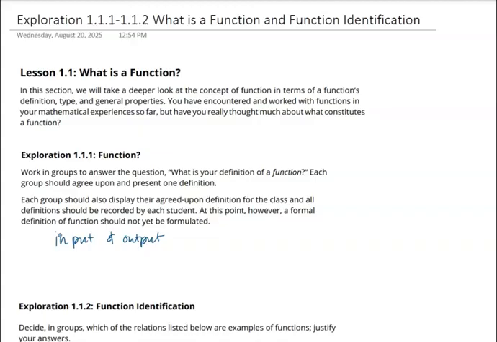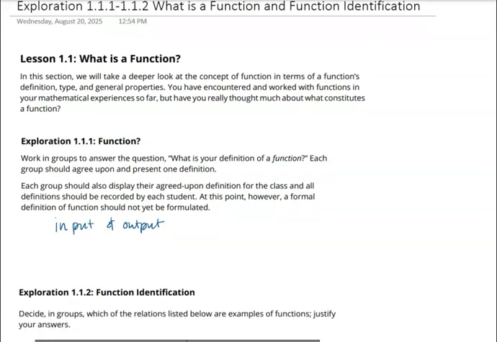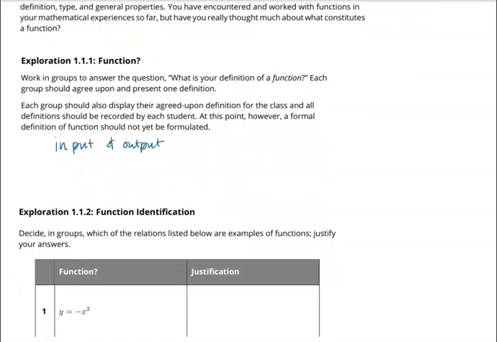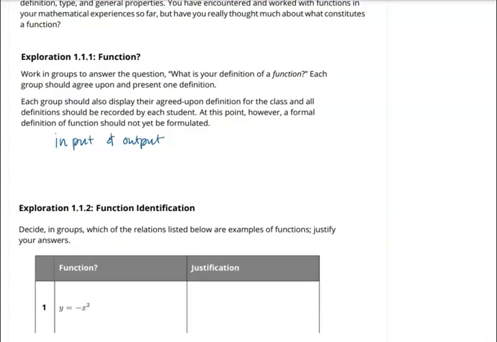But what we're going to do now is talk about how we would decide and justify if a certain expression or representation is a function. So I want y'all to go through this one problem at a time. This first one says y equals negative x squared.